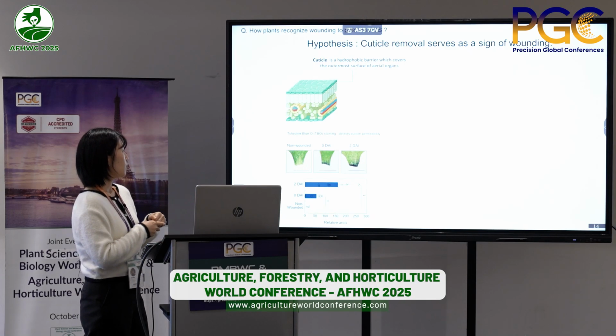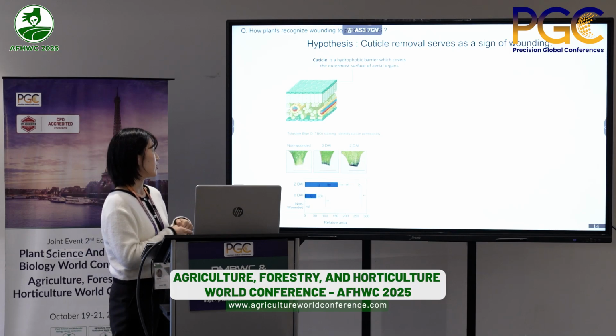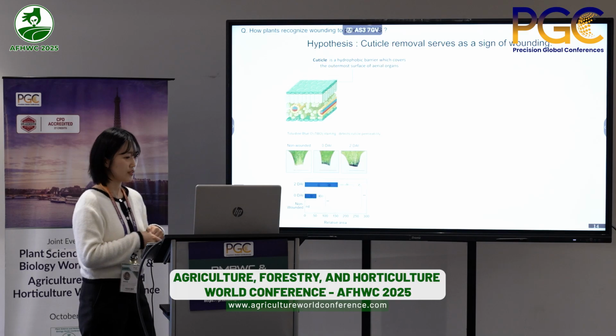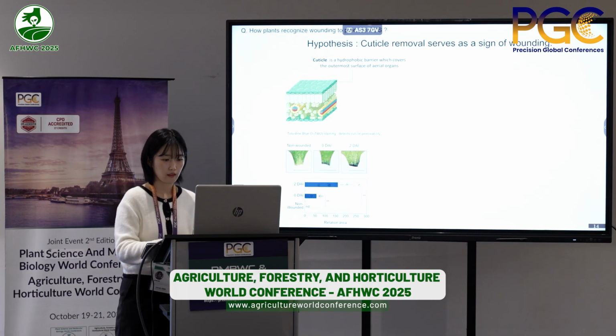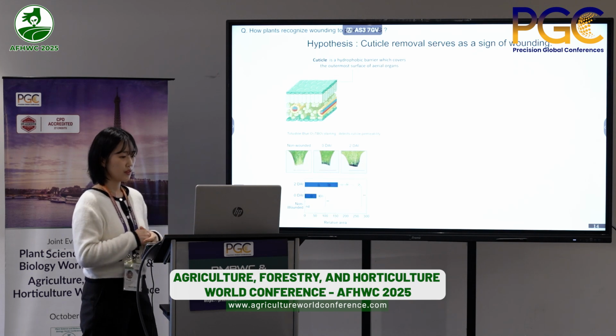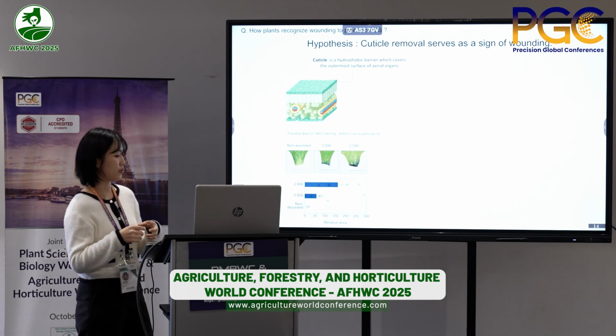So we conducted toluidine blue O staining, which detects cuticle permeability. As expected, toluidine blue O staining showed a strong signal around the wound site, indicating increased cuticle permeability.